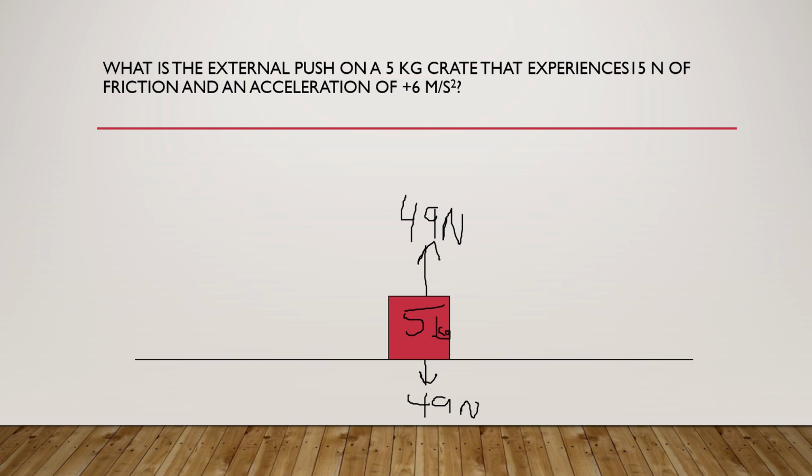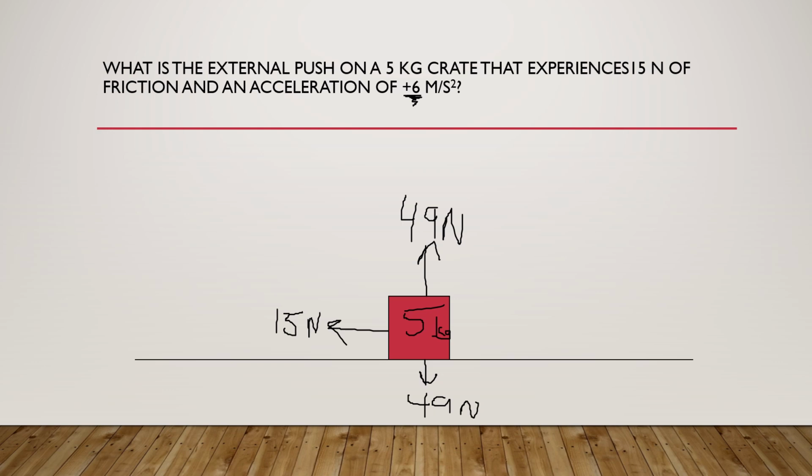Okay. What way is this going? If it is accelerating positive 6, that means it's going to the right. So if it's going to the right, what way is friction? That means friction is left, because friction has to oppose the motion.